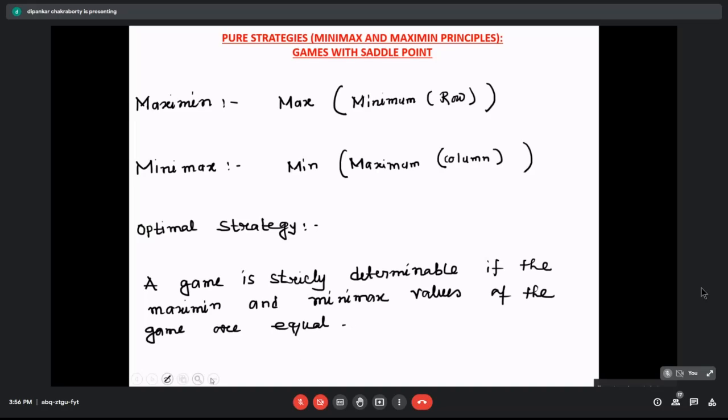Okay, and also I can say here that this maximin value and minimax value is basically equal to the value of the game. Is it okay to you?